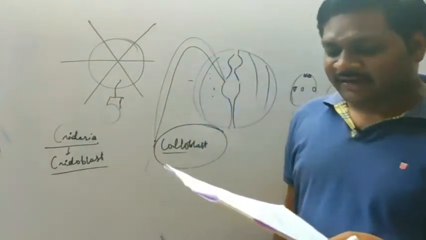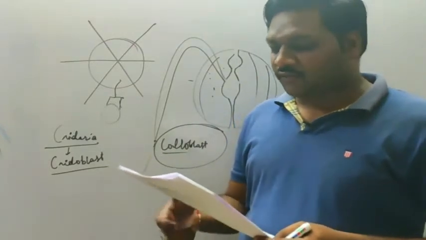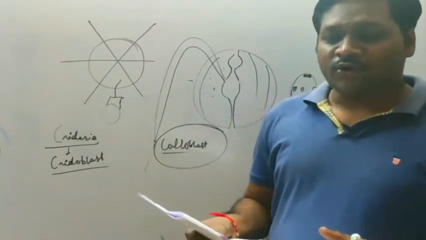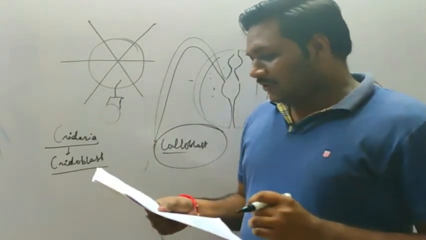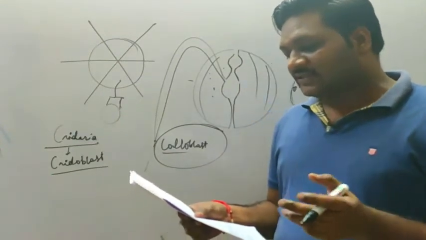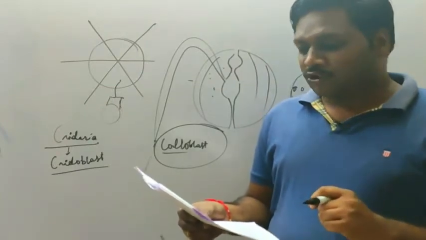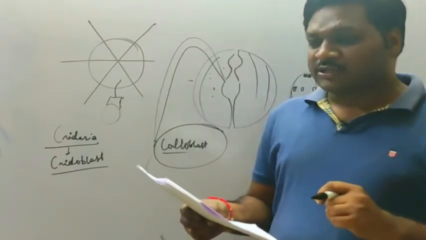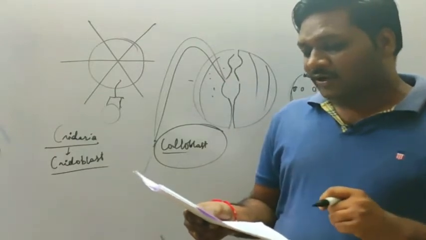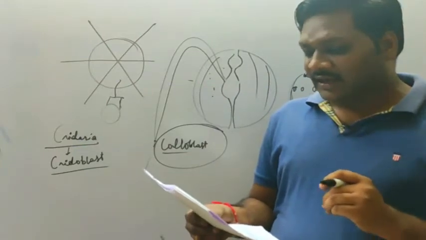The next, question number 131. Which of the following is not a characteristic feature of phylum Aschelminthes? The options are given: bilaterally symmetrical, triploblastic animals, pseudocoelomate animals and unsegmented body, incomplete alimentary canal, and they are dioecious.